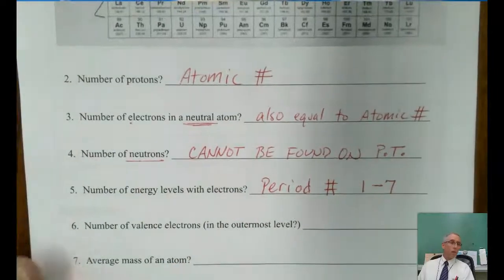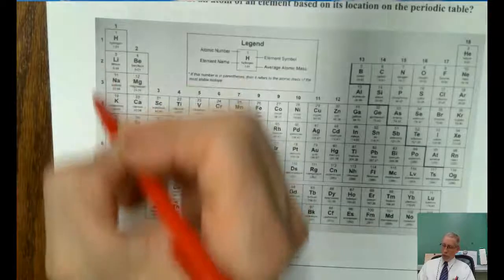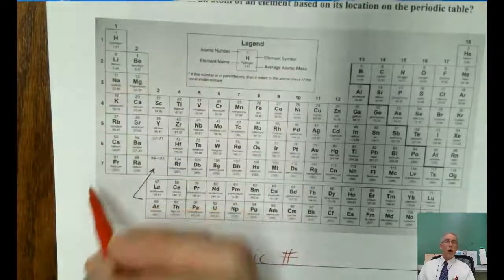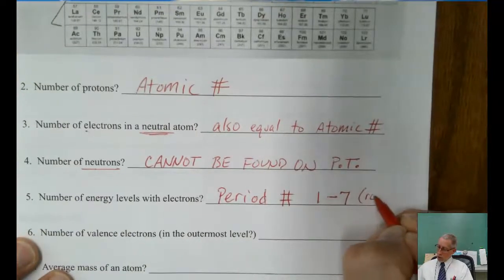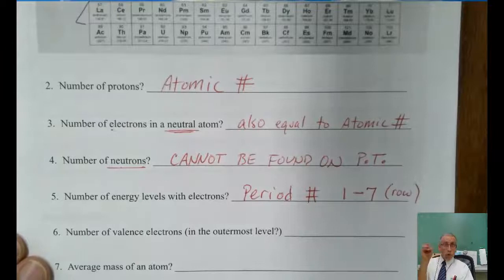At the time of this recording, there are only 7 known periods. The periods are the numbers along here that tell you which horizontal row you're in. So remember, this is the row for the number of energy levels. If you were to draw all the electrons in, you would draw circles around the nucleus like an orbit of a planet around a sun.